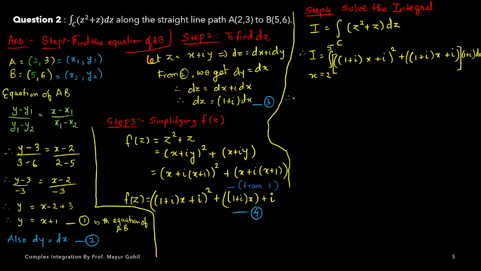For integration, I equals the integral, which will be ((1 plus i) x plus i) cubed divided by 3 times (1 plus i), and here we will have (1 plus i) times x squared divided by 2.